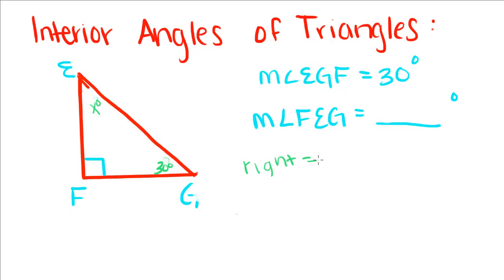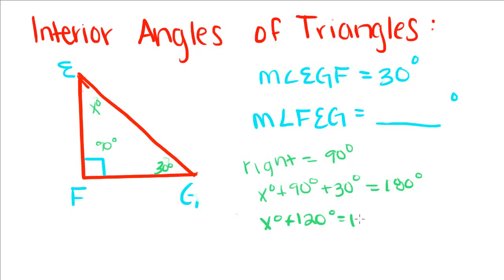And a right angle is equal to 90 degrees. So we're going to add x plus 90 plus 30 and set it equal to 180 degrees. If you add this up, you get x plus 120 equals 180. You subtract it over, you get x is equal to 60 degrees.